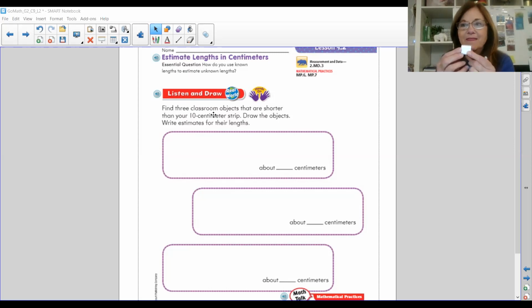If I just measure the white part, I know that that's shorter than 10 centimeters. So if I have 10 centimeters right about here, I'm gonna start, I think, with the longest, and I think that would be my crayon. So it's not quite 10, so I'm gonna guess it's probably around 8 centimeters.